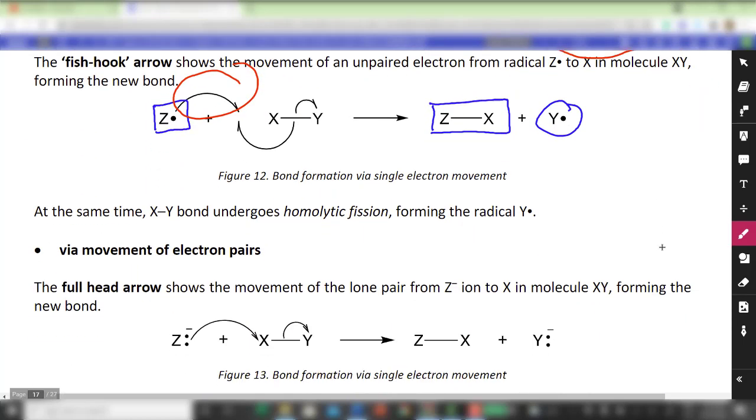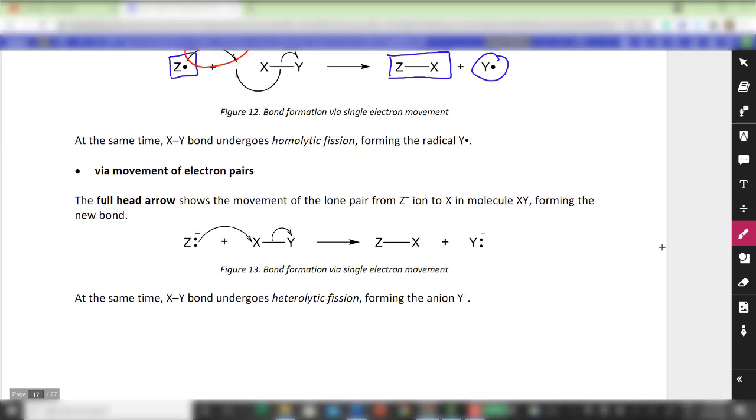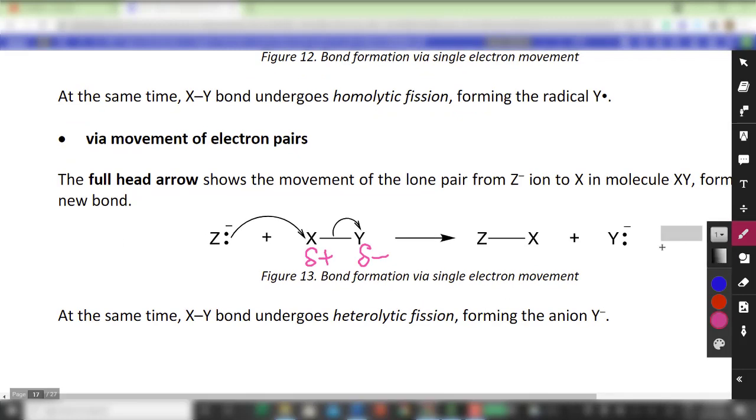But in most cases for H2, you will most of the time encounter movement of electron pairs. In this case, the lone pair of Z attacks the X, so you can view X as an electron deficient site, and Y as an electron rich site, and the bond will break towards the Y. Normally in the terminology of organic chemistry, I'm going to introduce you to a new terminology.